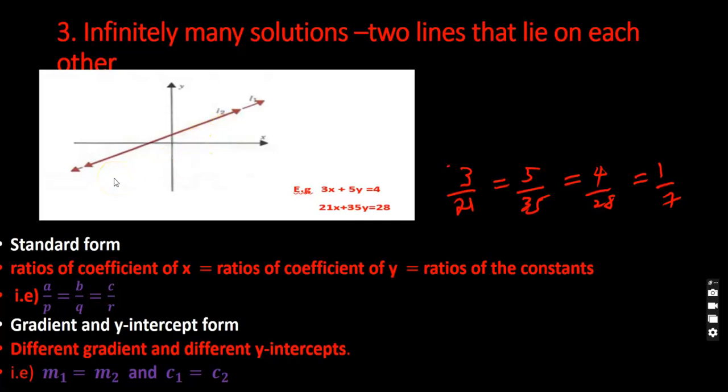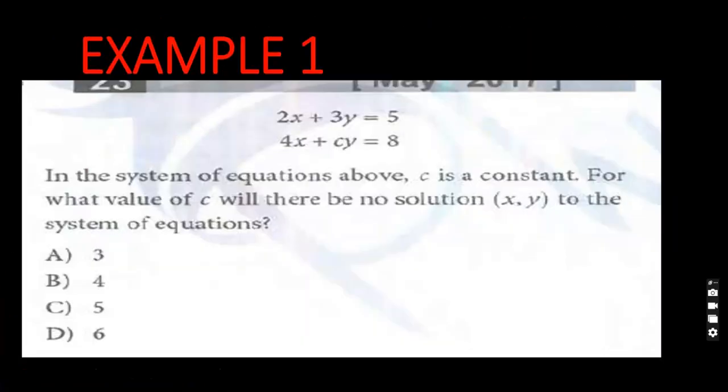Let's solve some example questions. This is a SAT question. The question says, if we have equation 1, 2x plus 3y equals 5, and equation 2, 4x plus cy equals 8, what is the value of c for which there will be no solution?